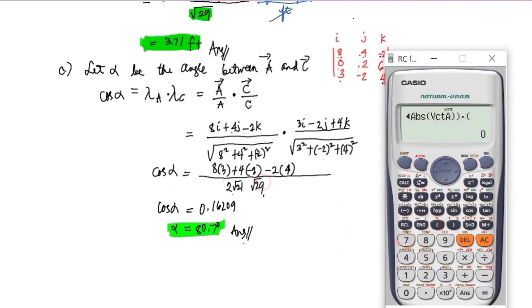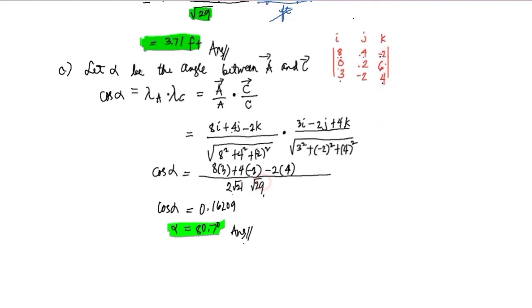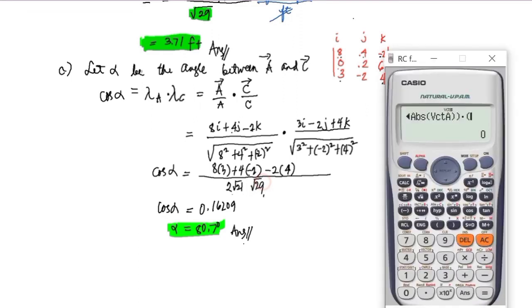And parentheses again. And dito na tayo kay vector C over its magnitude. So for the vector C, so shift vector C is 5 divided by the magnitude, so shift height. Select natin yung vector C, that's 5.